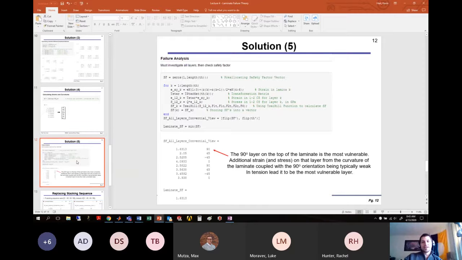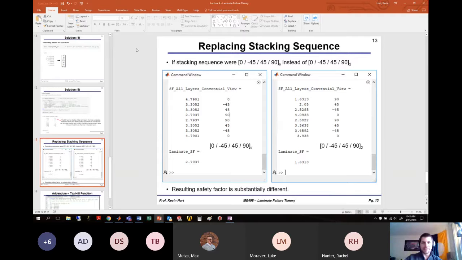We know with bending that strains induced on that top layer are very dramatic. So that's the analysis there. If we replaced the stacking sequence with 0, negative 45, 90 symmetric instead of the 0, negative 45, 45, 90, we'd have pretty significantly different results. Here the laminate safety factor for the symmetric laminate is 2.8 instead of 1.6.